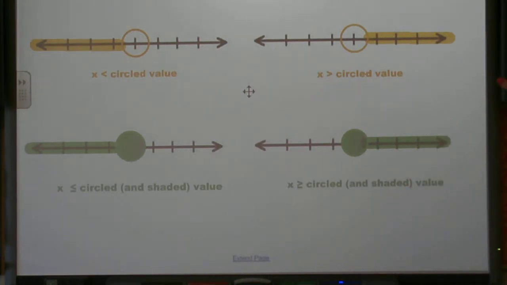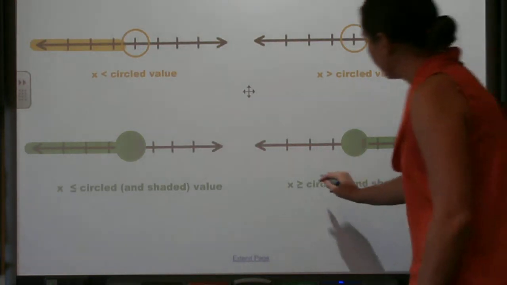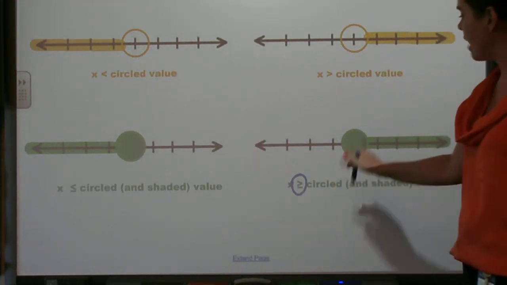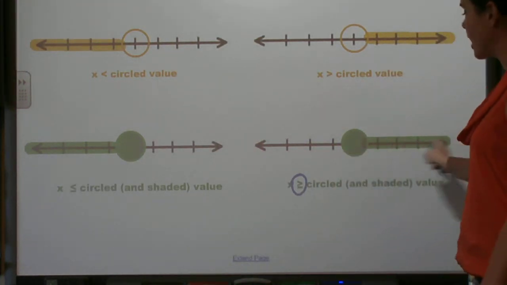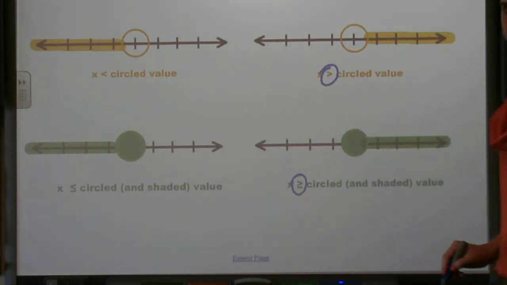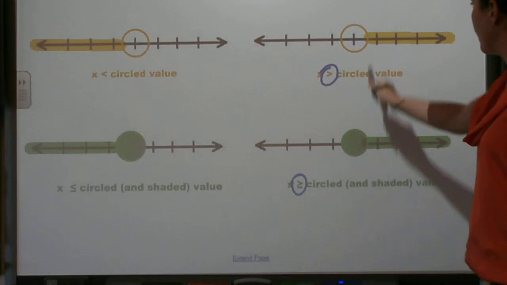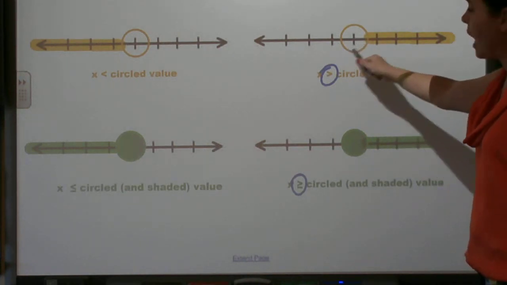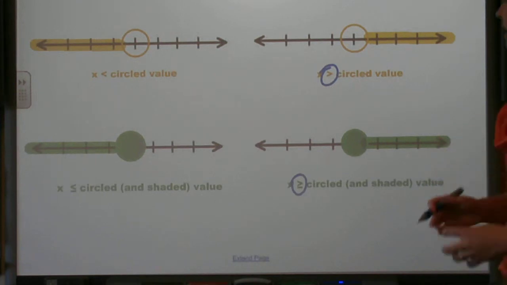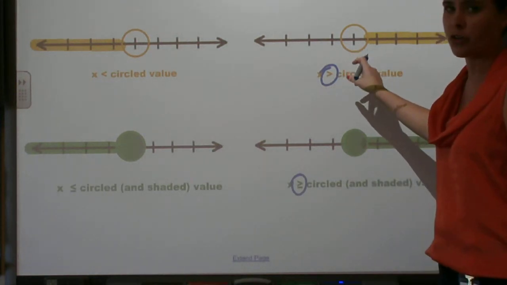So this piece of information you just need to let sink in, so that whenever you see this symbol, you know that you're going to have a closed circle and shading to the right. And when you see this symbol, you'll know that you're going to have an open circle and you go to the right. Okay?